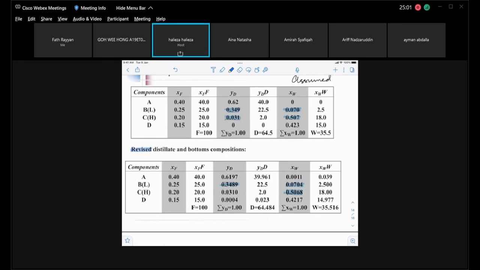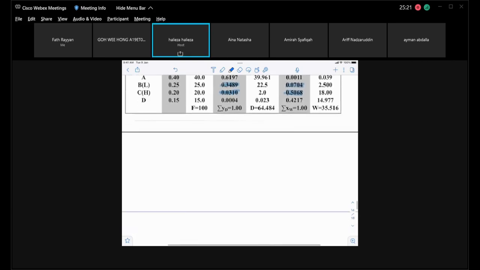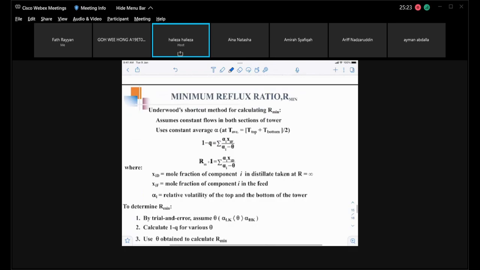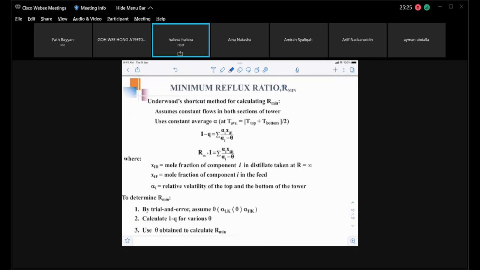As I mentioned just now, because the major part of it, the 90% is for the light key, the 90% is for the heavy key, the distribution will not be too far off based on the assumed value. Okay? So just a very slight difference. Okay? So now we're going to proceed with the rest of the calculation. You're going to calculate the minimum reflux ratio that you're going to use for the distillation.